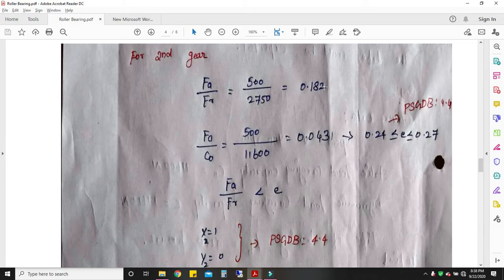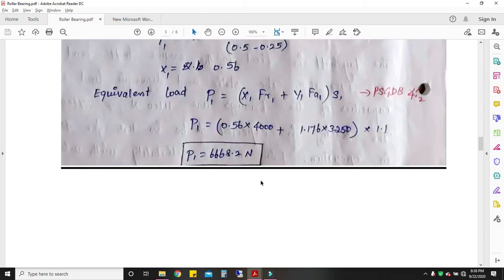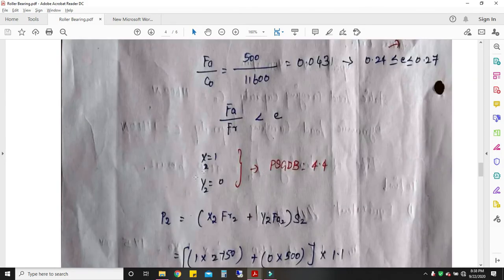So by comparing these two data, we come to a conclusion that FA by FR is less than E. For the first gear, the FA by FR ratio is greater than E. For the second gear, the FA by FR value is less than E.